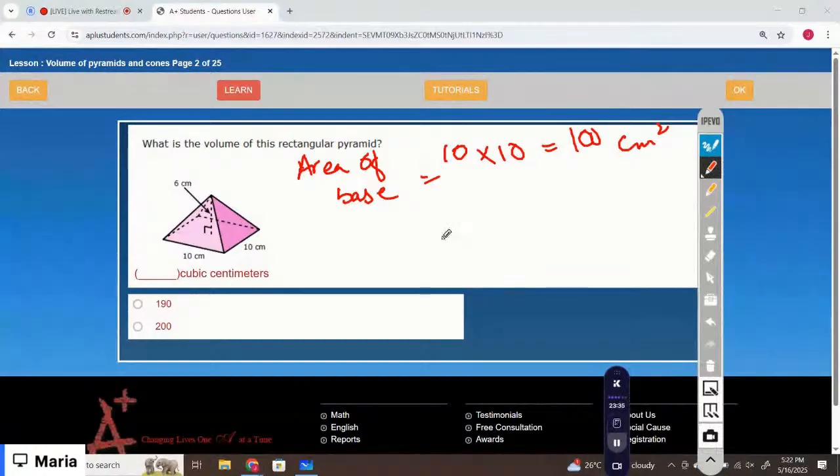Then we need to calculate the volume, that is 1 by 3 times area of base times the height. So that is 1 over 3, area of base is 100 times 6.